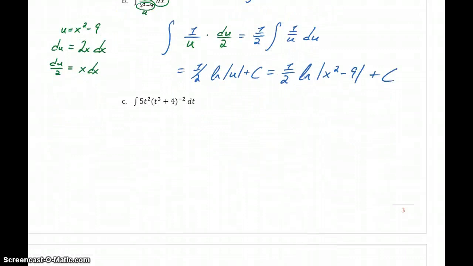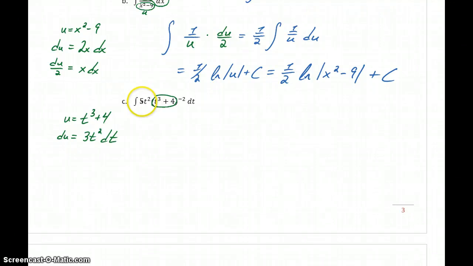And let's look at one more example of the same type of problem. So our interior expression here is t cubed plus 4. So we'll let u equal t cubed plus 4, which means du is going to be equal to 3t squared dt. Now, what we have in our original problem left over is 5t squared and dt.